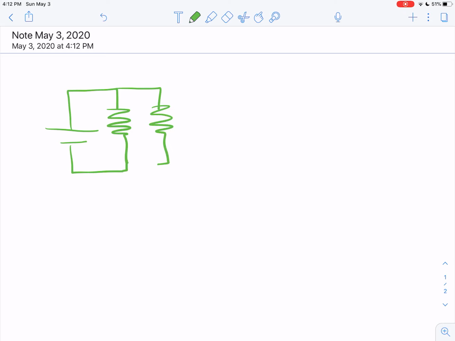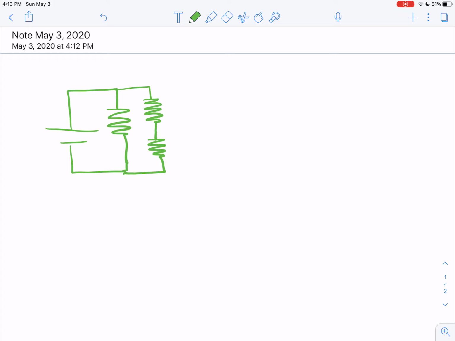All right, so let's say that we have a circuit that looks like this and has a resistor here, okay, and has a resistor here, all right? We would say this is a circuit that's in parallel because there's two different branches, okay? But what's going to happen if there's a resistor here and another resistor here, okay?